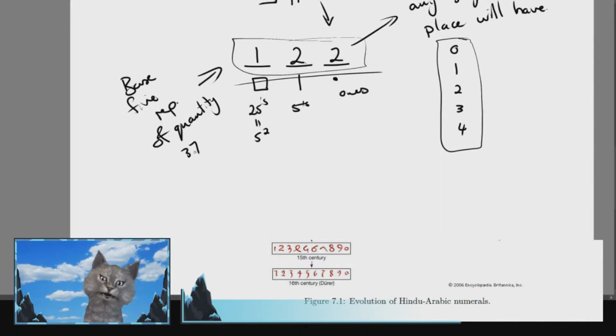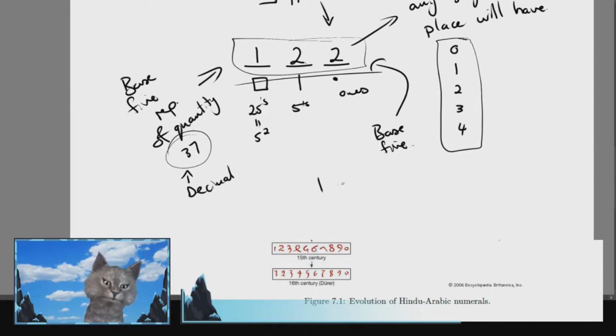So there is a big difference between our decimal number and our base 5 number. And if we were to write this 1, 2, 2, we don't want to get confused and read that as 122.